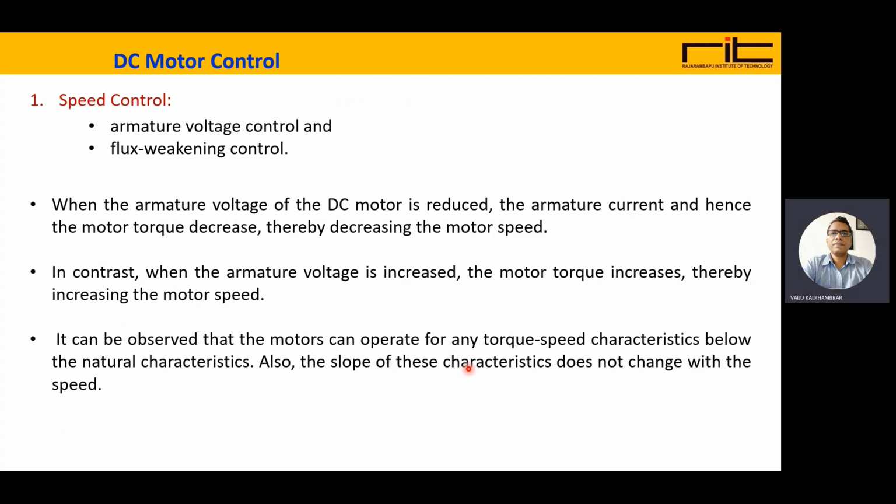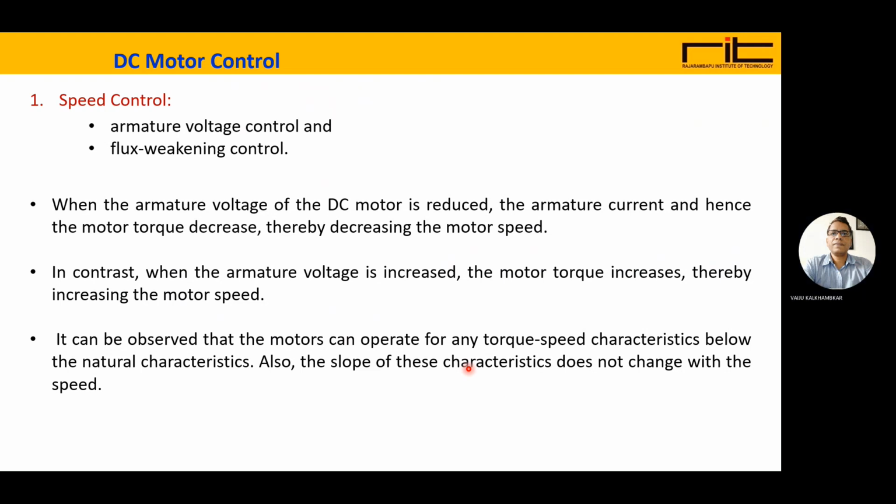Next, we'll see DC motor control. The speed control is divided into armature voltage control and flux control, or it is called flux weakening control. When the armature voltage of the DC motor is reduced, the armature current reduces and the torque also reduces, thereby decreasing the motor speed.